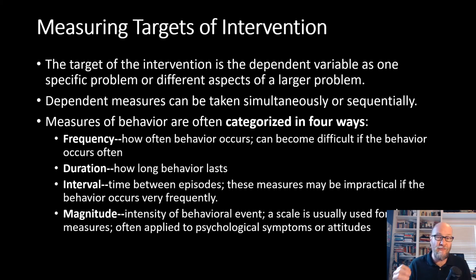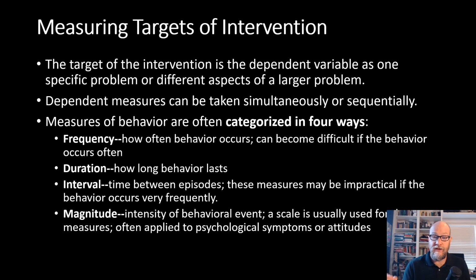And it can become really difficult if the behavior occurs like 20 times a day. If it's a nervous tic, or something that happens really commonly, like smoking for heavy smokers, that gets a little difficult, because if the behavior is happening constantly, then you can't really get a meaningful measurement of it. And if it happens too rarely, that can also be a problem, right? If you're looking for a unicorn, a special occurrence that doesn't happen very often, you're going to have very few points of data and a lot of difficulty measuring any change.